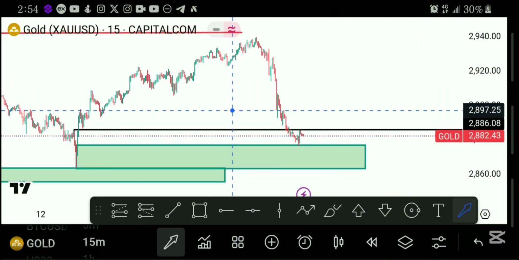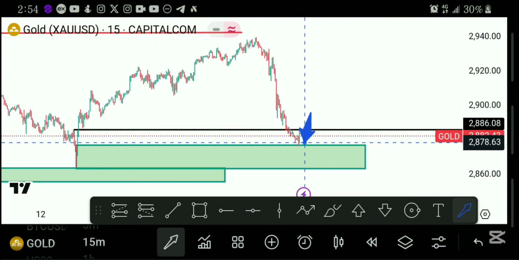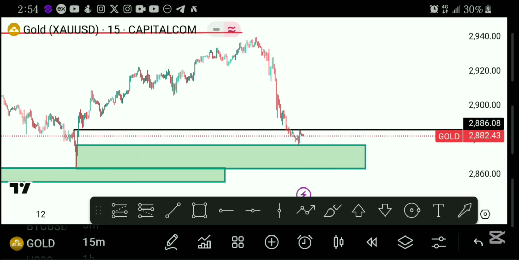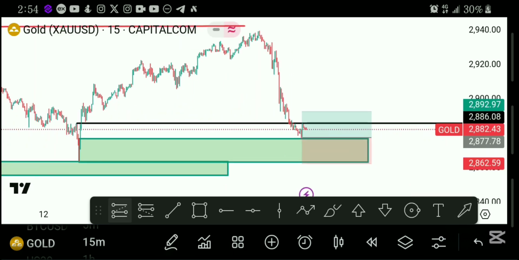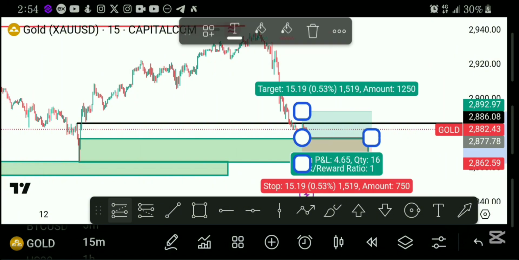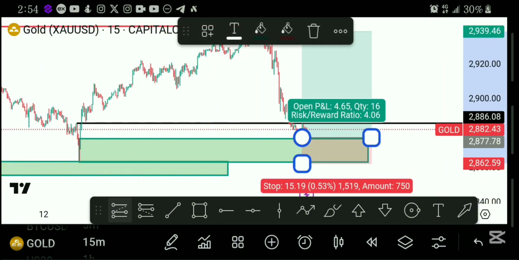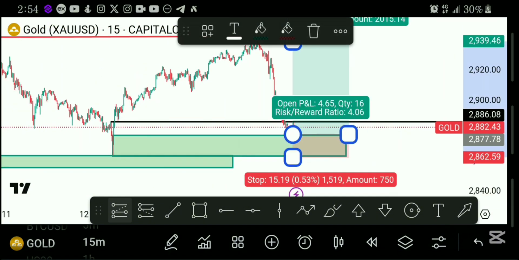So I'll have gotten my entry around this area. When market taps into this, I then get my entry from here, set my stop loss just below the order block, then target this level. So I'll have a good risk to reward ratio. That will be about 1 to 4 risk to reward ratio.